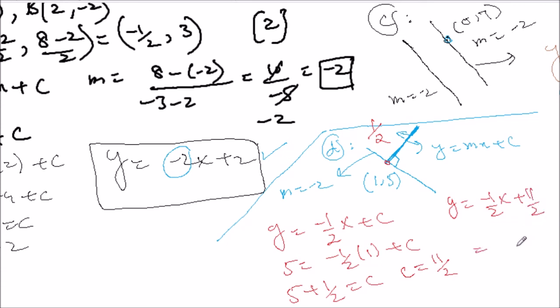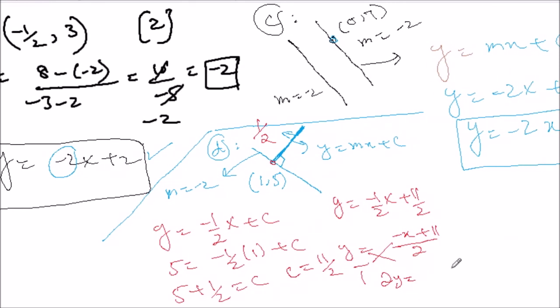Now the LCM is 2, so y is equal to minus x plus 11 over 2. Now cross-multiplying, 2y is equal to minus x plus 11, and we can bring x here, so it becomes x plus 2y is equal to 11.